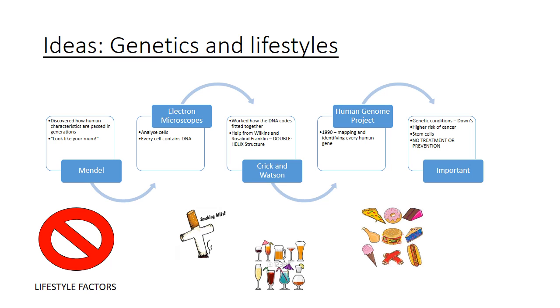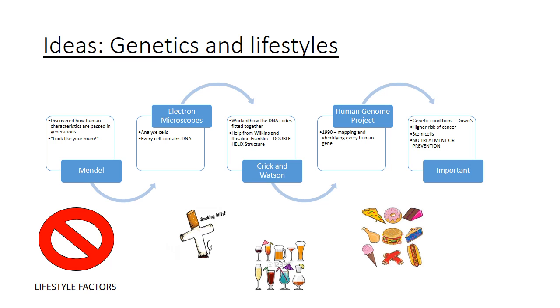This was developed further by James Watson and Francis Crick at Cambridge University, who worked out how the DNA codes fitted together, the ACGT code, I think, from memory. With the help of Rosalind Franklin and Maurice Wilkins, who were doing some interesting photography work on DNA, they realized that DNA fitted together in what was called a double helix structure.